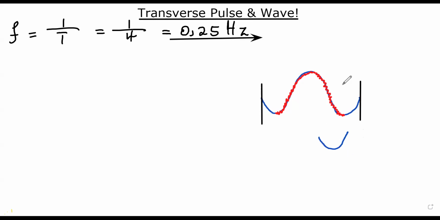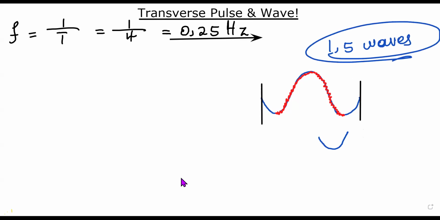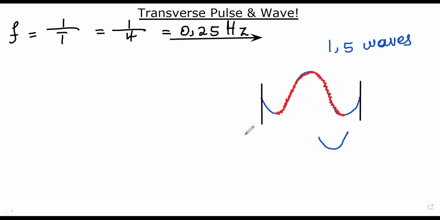So here they're saying to you, find the wavelength of 1.5 waves, and that will be the distance x. So that's how you break it down, okay?